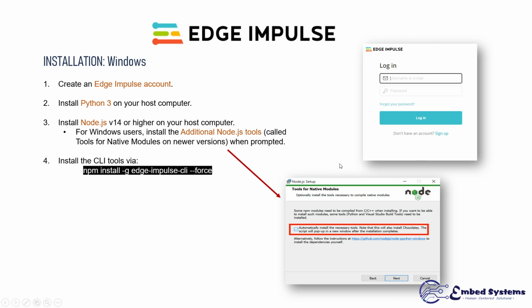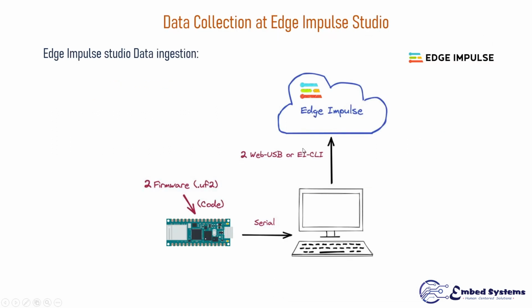After this, this is the connection between the device and the Edge Impulse cloud or platform when you are doing the design or the data collection. In our case, we're using the Arduino board, which has the RP2040.